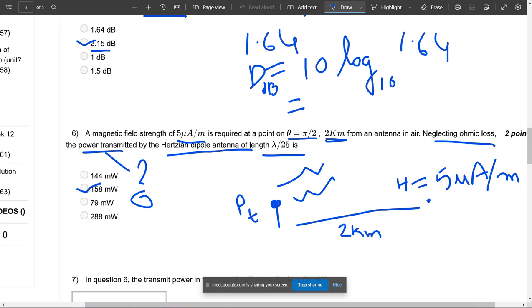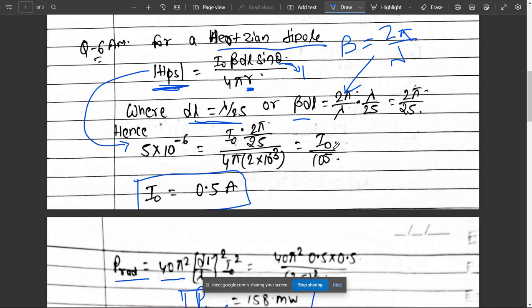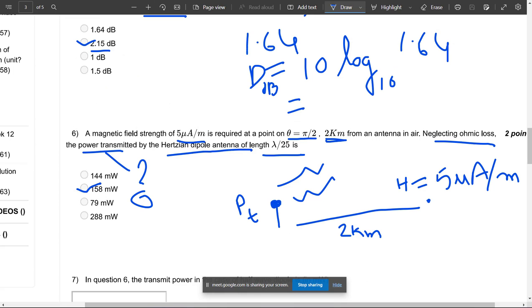Ma'am, for I naught, we use another formula, ma'am: 10 divided by 10 pi square into lambda by rho square into 10 power minus 3.